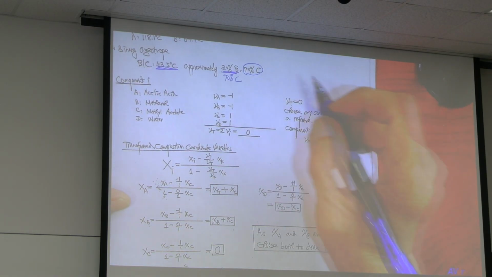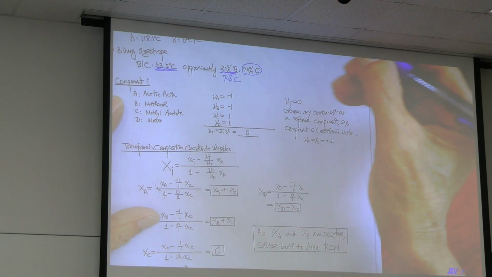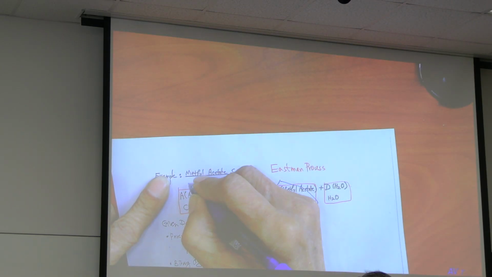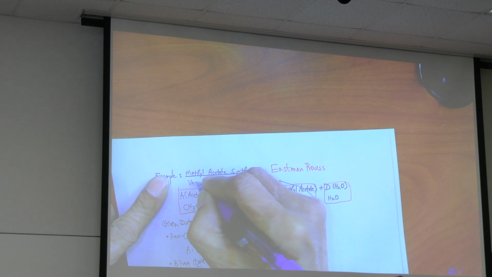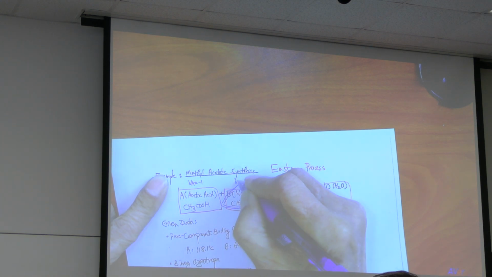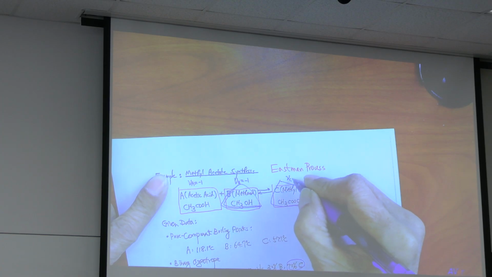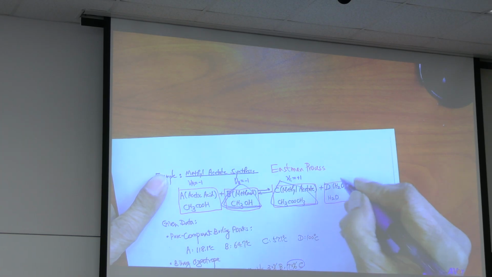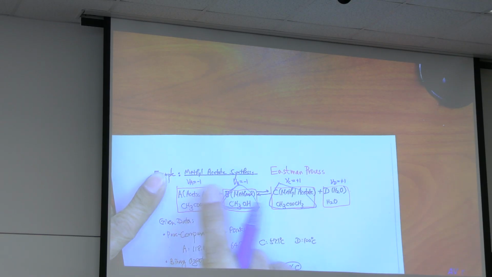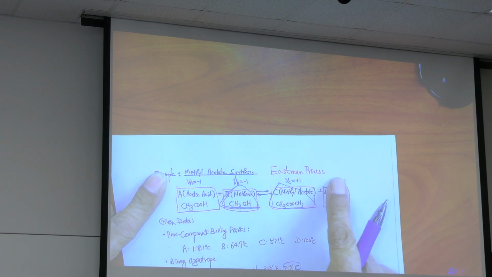So, you have mu A minus 1, mu B minus 1, mu C plus 1, mu D plus 1: consumption, consumption, production, production.